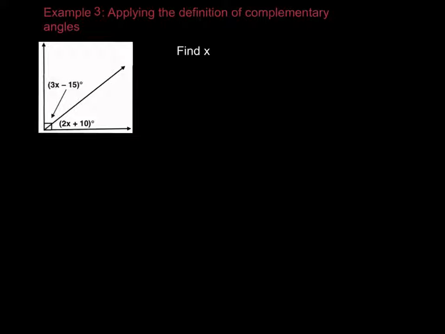Because they're complementary, going back to the definition, their sum is 90 degrees. So I can reason that 3x minus 15, when I add that to 2x plus 10, the sum of those two angles is 90.